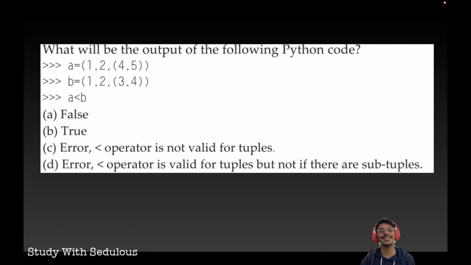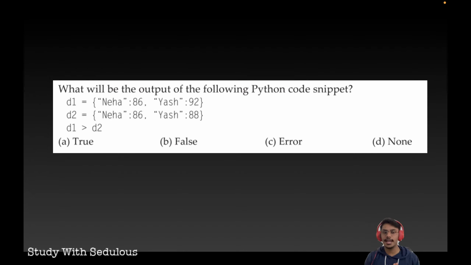What will be the output of the following Python code snippet? D1 is Neha 86, Yash 92. D2 is Neha 86, Yash 88. This is a key value pair. Key is Neha, value is 86. Key is Yash, value is 92. So is D1 greater than D2?